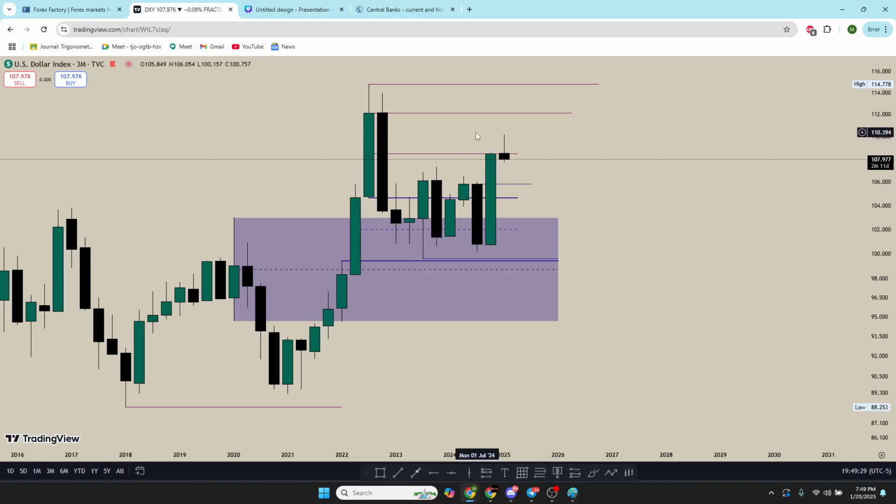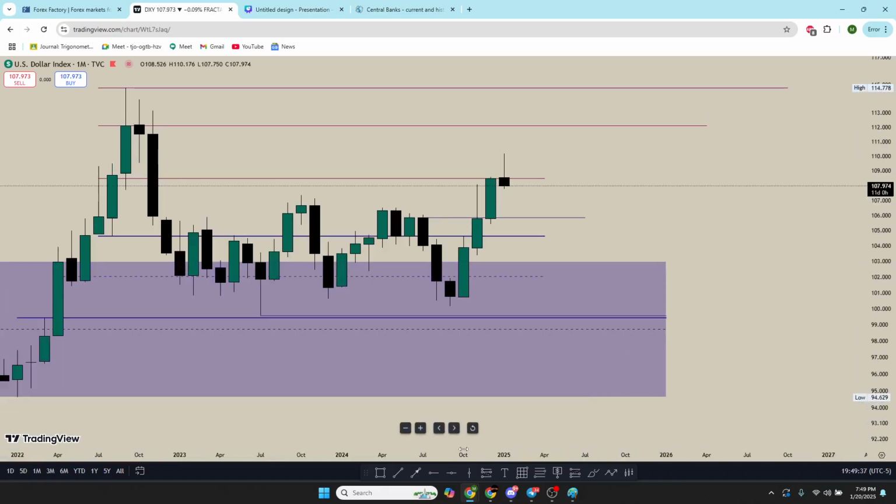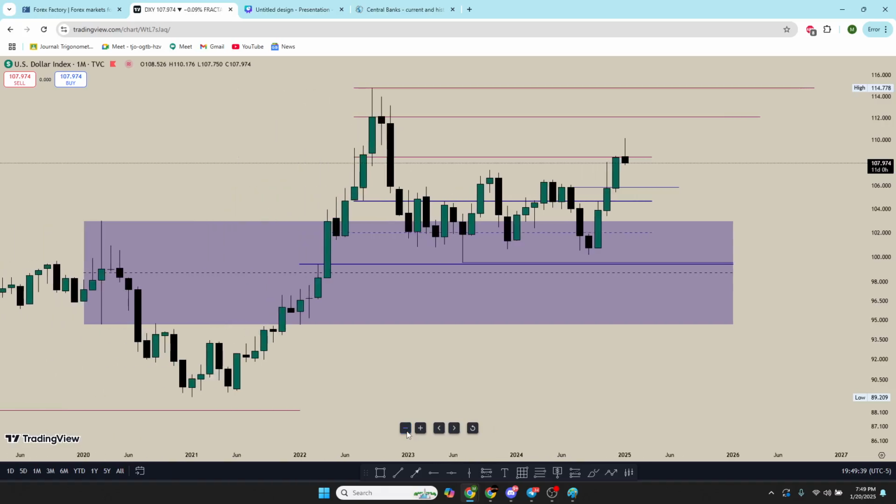So that was a lot for just the 3 month time frame. Let's go into the monthly. Monthly is just a little more spread out, right? We have our mitigation block here, imbalance.